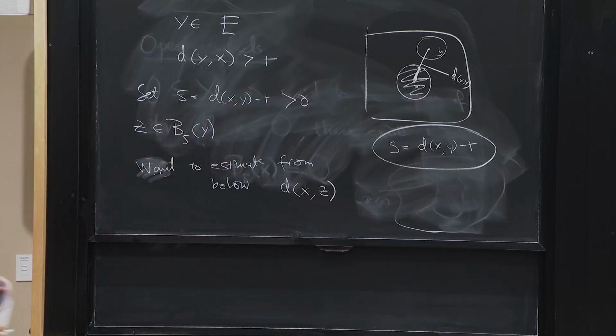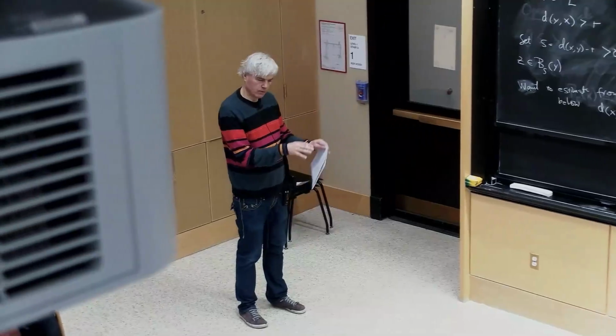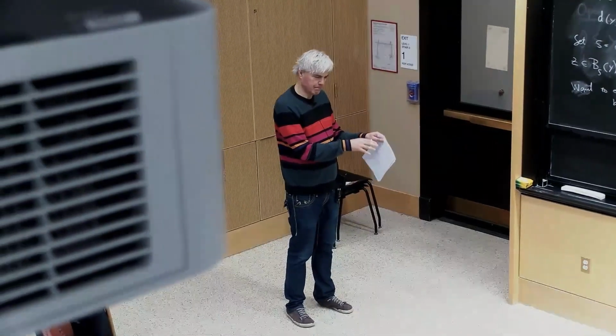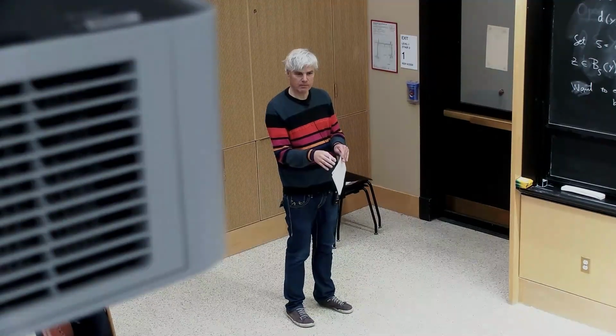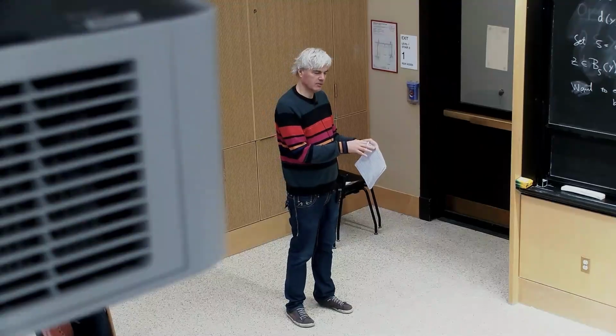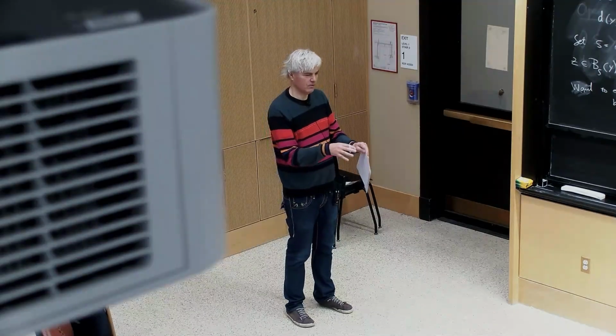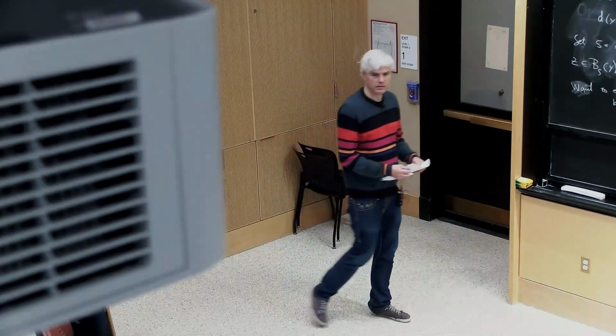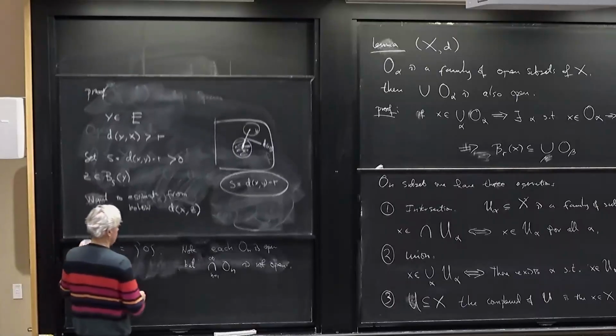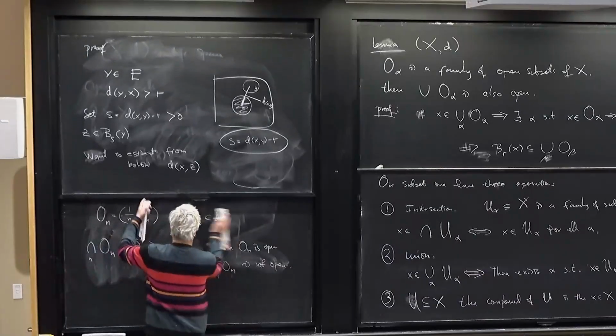Well, the triangle inequality, if you just think about the triangle, is something like bounding a distance from above. So if I want to estimate something from below, then basically the thing I want to estimate from below has to be on the other side of the inequality. And so how does that work?